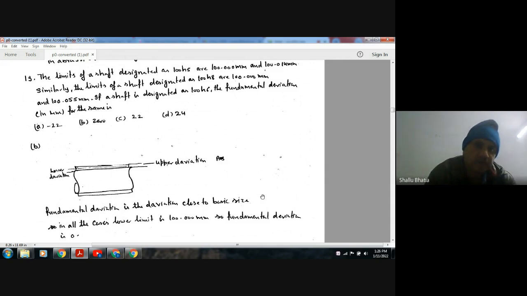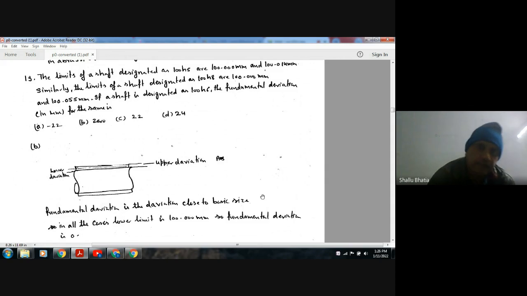If the shaft is designed as 100x6, the fundamental deviation in micrometer for the same is option A minus 22, B 0, option C 22, and option D 24.